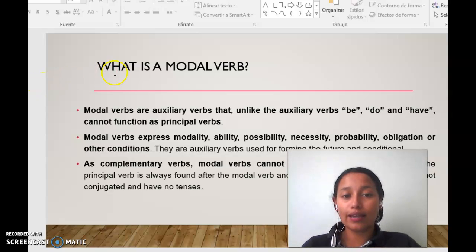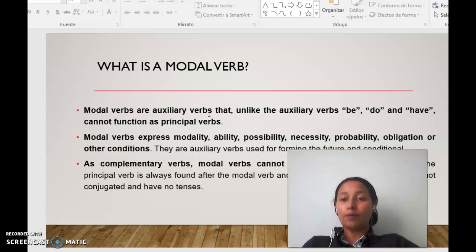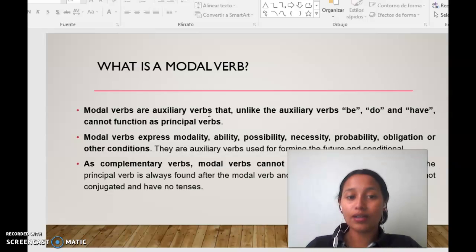In this case, as the presentation says, the modal verbs are auxiliary verbs that, unlike the auxiliary verbs be, do, and have, cannot function as principal verbs. The modal verbs express modality, ability, possibility, necessity, probability, obligation, or other conditions.